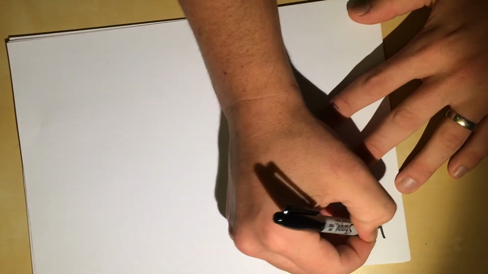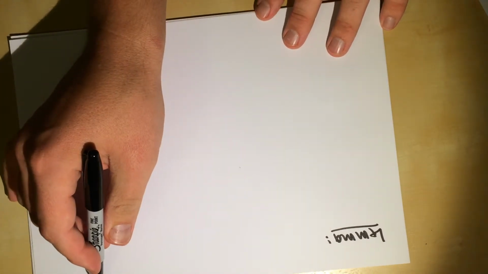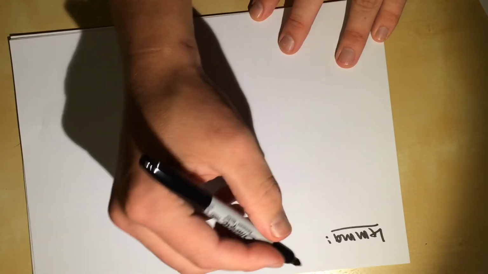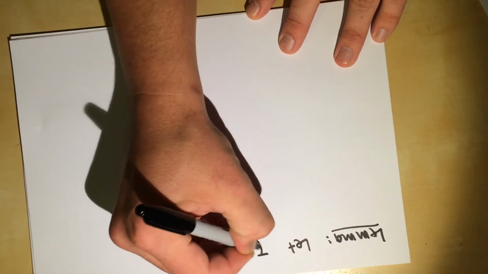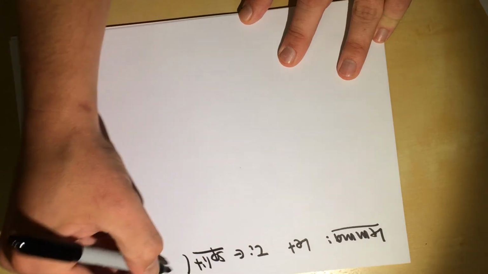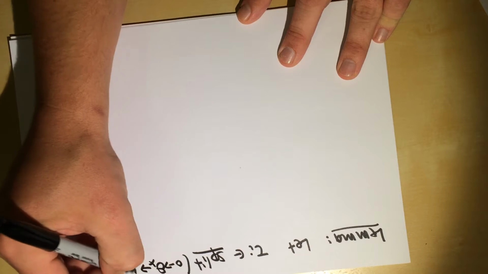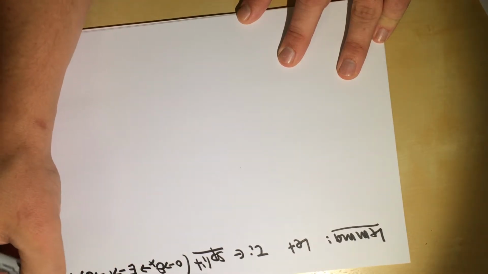So lemma. So the cocycle, so let tau i be elements of this splitting of Xi.